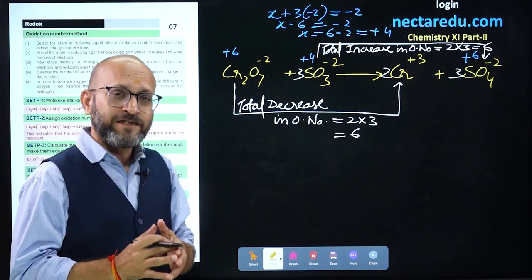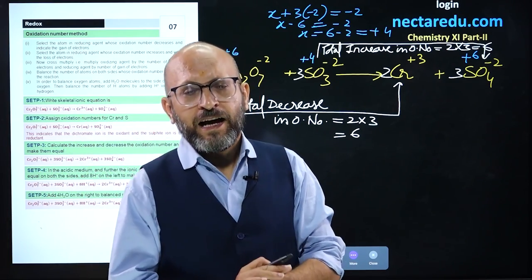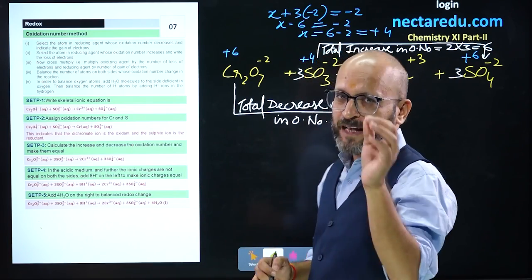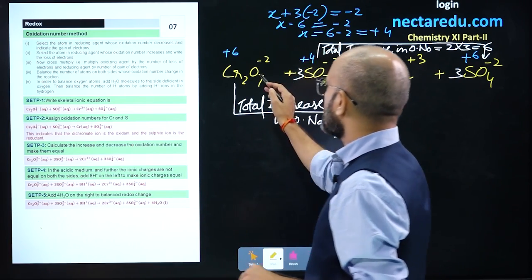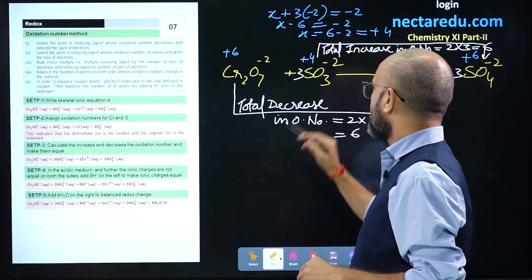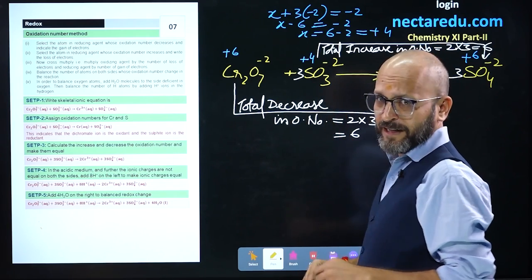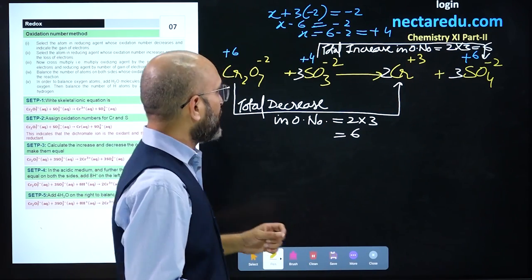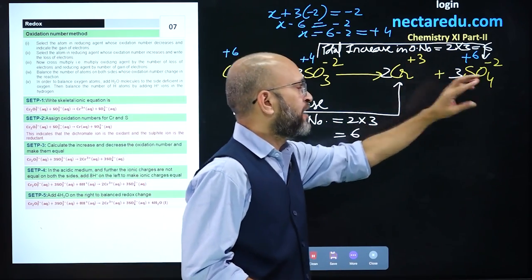Now, you can balance oxygen by adding water and hydrogen by adding H plus on the appropriate sides. First, balance the oxygen atoms. On this side, oxygen atoms are 7 here, and 3 3s are 9, 9 plus 7 is 16 atoms, and on that side, 3 4s are 12.